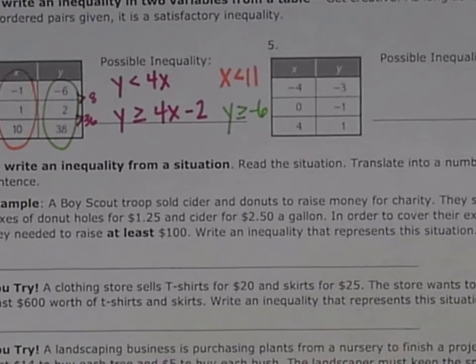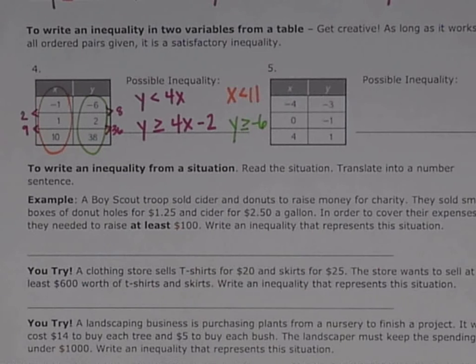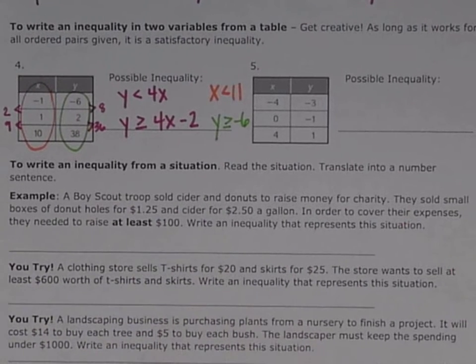To write an inequality from a situation, you have to read the situation and translate into a number sentence. A Boy Scout troop sold cider and donuts to raise money for charity. They sold small boxes of donut holes for $1.25 and cider for $2.50 a gallon. So if you think about that, that would be a standard form, or almost standard form.